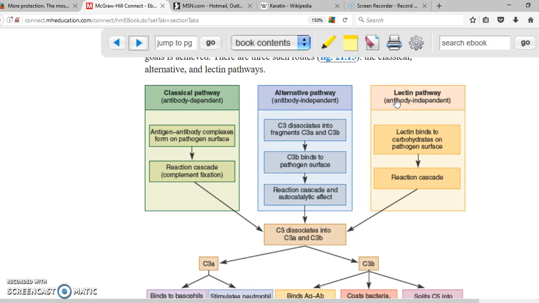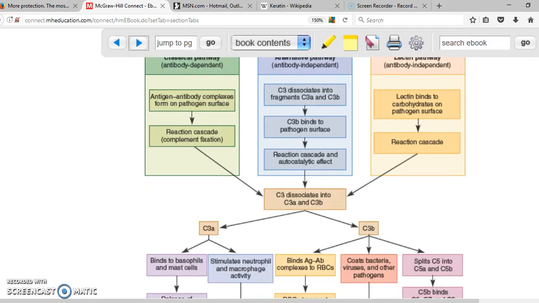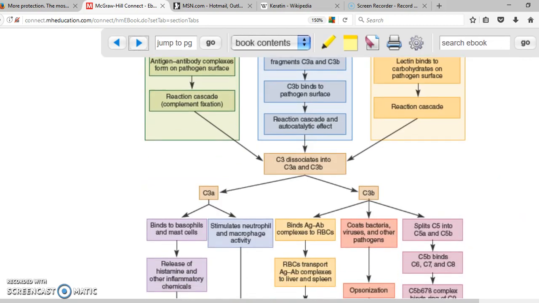Lectin is a protein that attaches to carbohydrates that the microorganisms have in the cell membrane. Once it attaches to those carbohydrates, it initiates the pathway. So these three different ways to activate the mechanism basically have the same result.